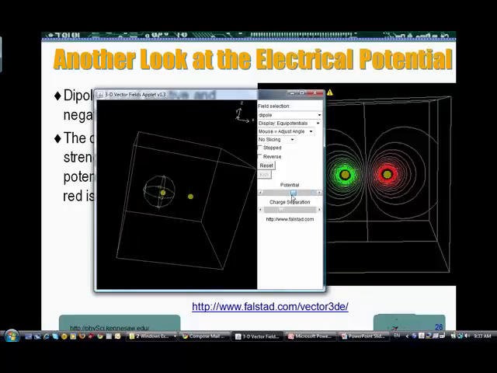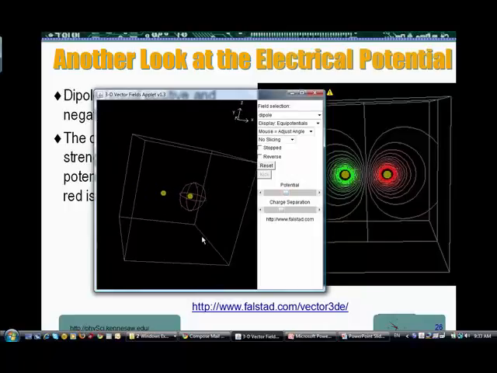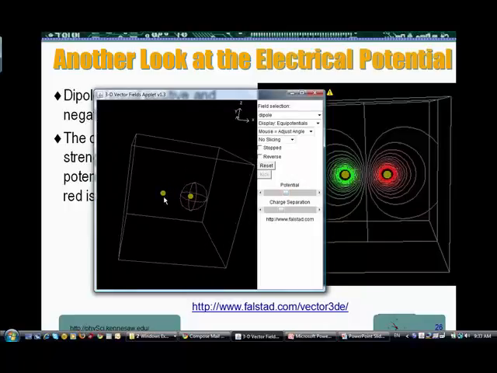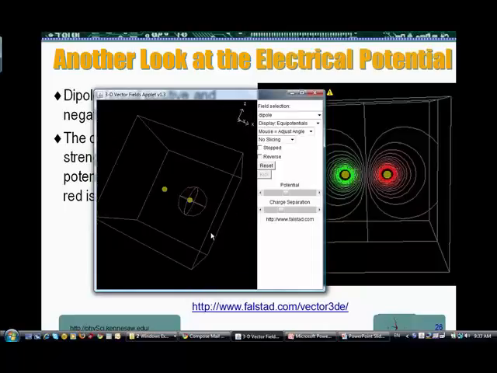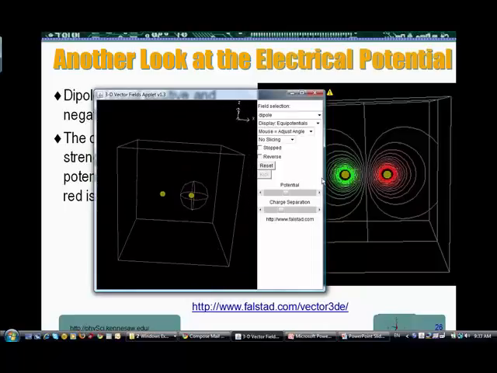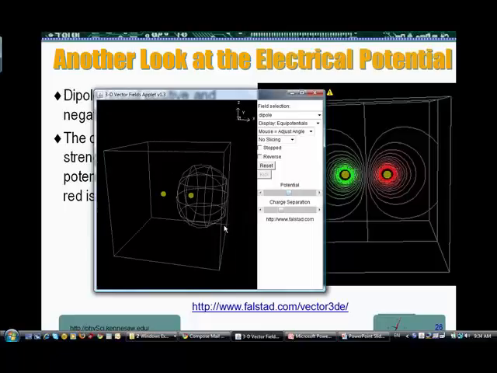And remember, it is spherical in shape close to the charge, but then the dimensions get a little bit more complicated. You see it here. It's not really spherical because I have the positive charge here. Okay, and see the shape.